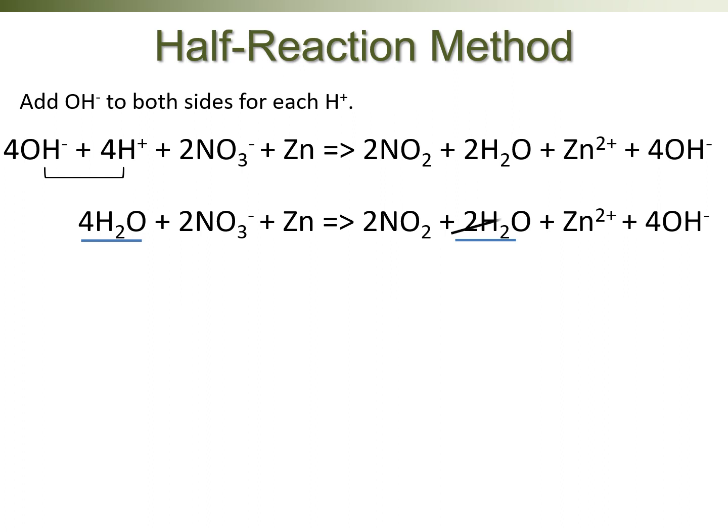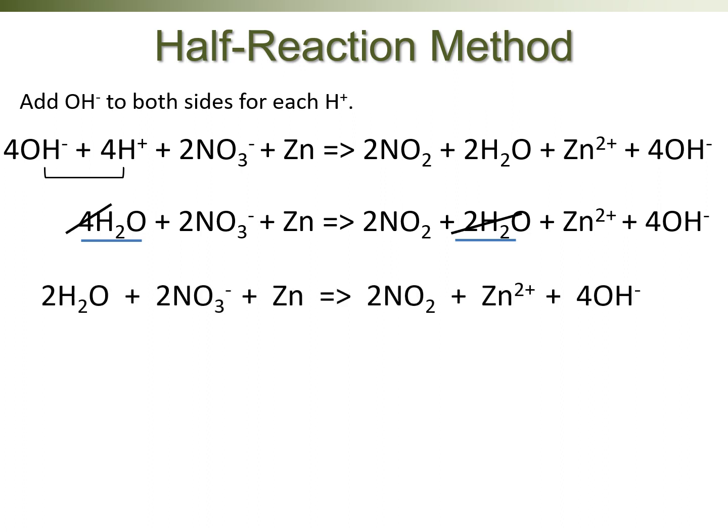So that means that 2 waters on the right are going to go away. And we're going to take the 4 that we had on the left and reduce that to 2. So now we have 2 waters on the left and 2 nitrates, 1 zinc, 2 nitrogen monoxide on the right, no waters, our zinc, and our 4 hydroxide. And this is good because now we're in a basic solution.